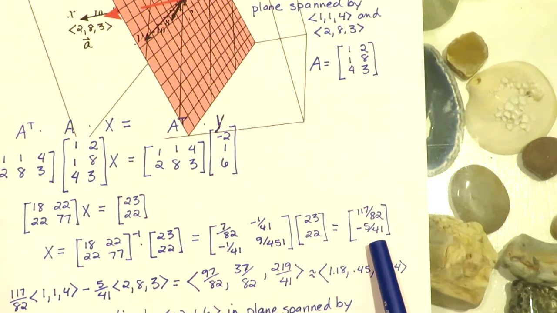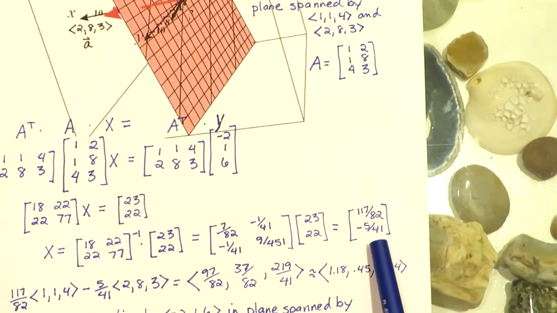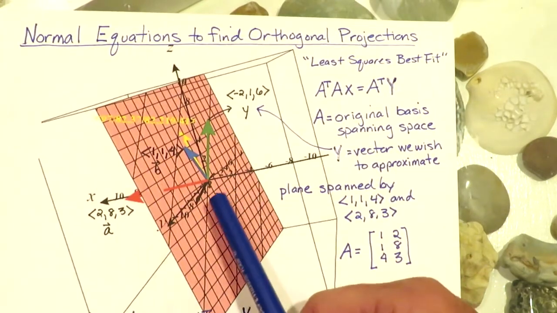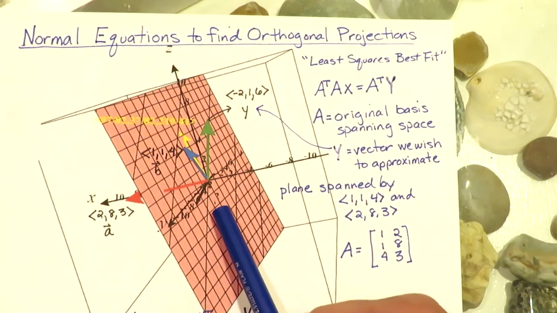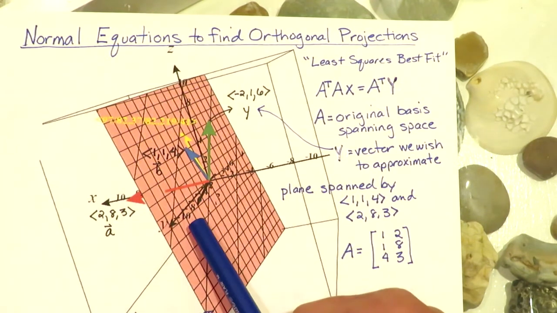Now what the solution is, again, it's creating a linear combination that is going to be approximating Y in my span. If Y was in the plane, then there would be a linear combination of these two vectors that created the vector in the plane.